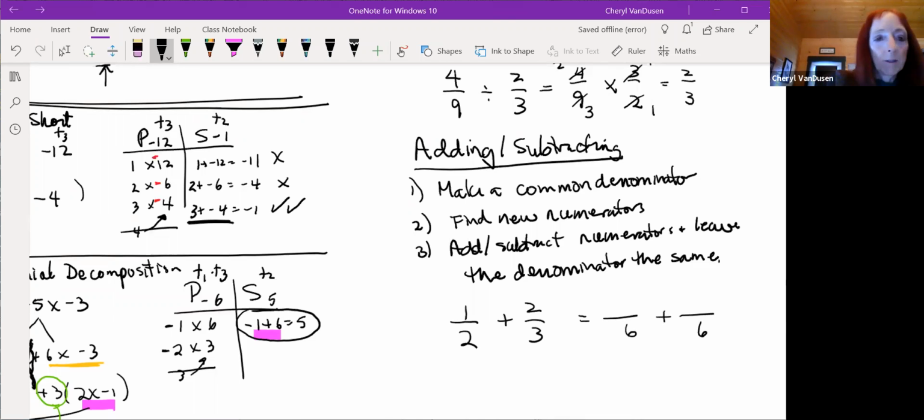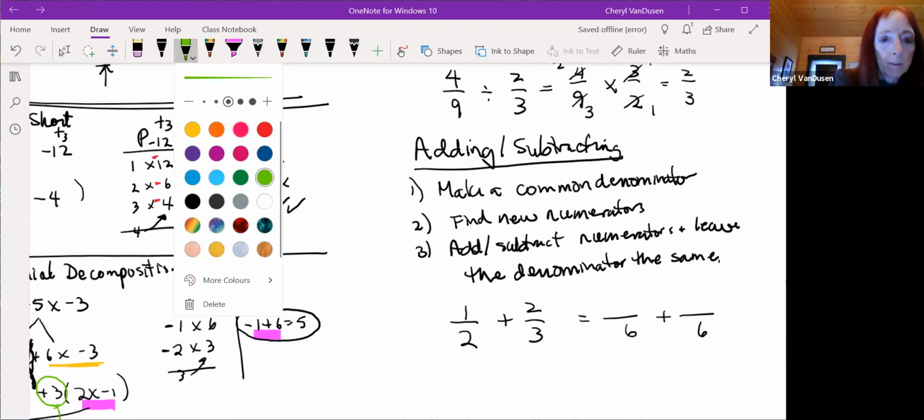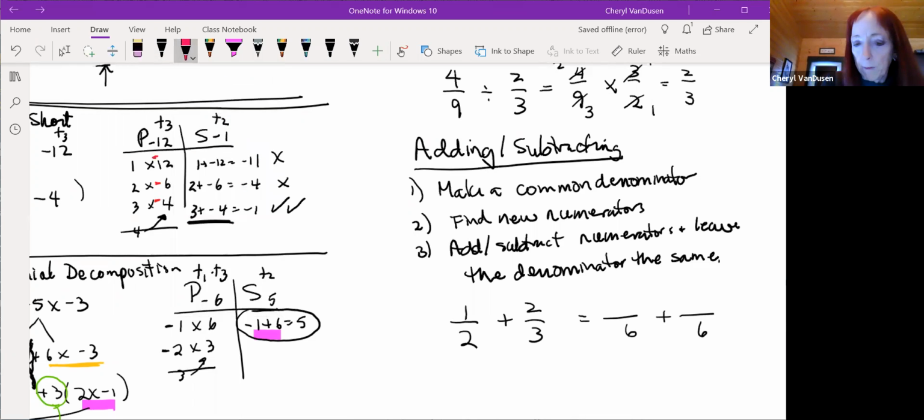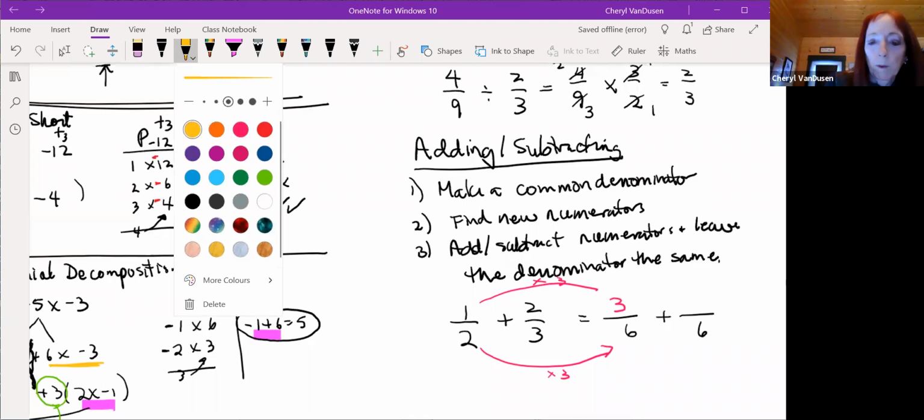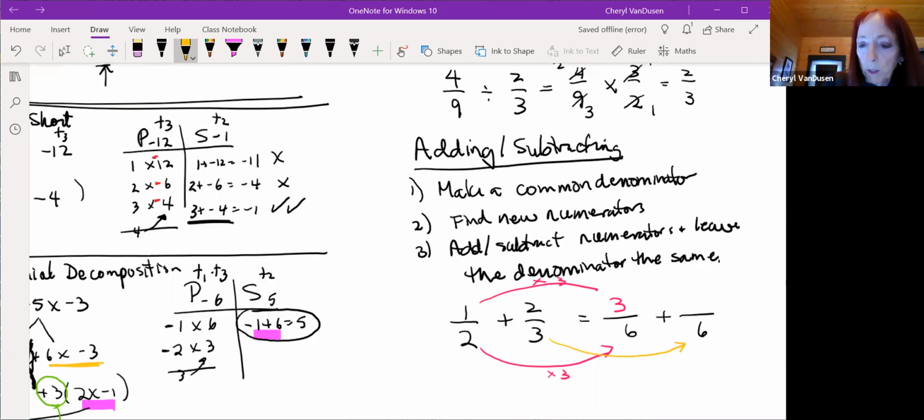And then, because I've got the ability to change my pen color, I have multiplied this by 3, so I multiply that by 3. That gives me my new numerator of 3, 1 times 3. And then we do the same thing for the next one, where we're multiplying the 3 by a 2 this time, so we multiply this by a 2. I like this color coding.